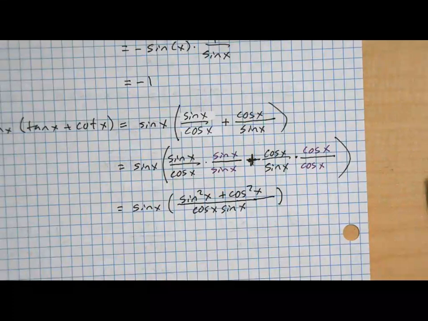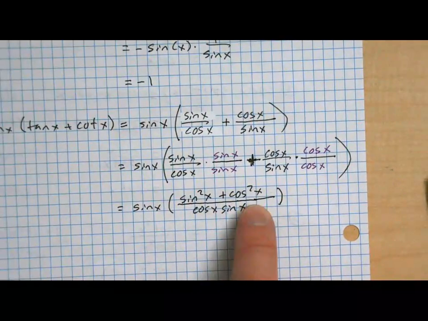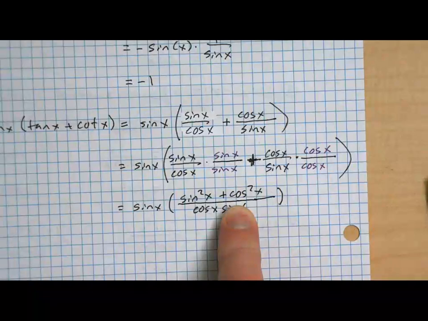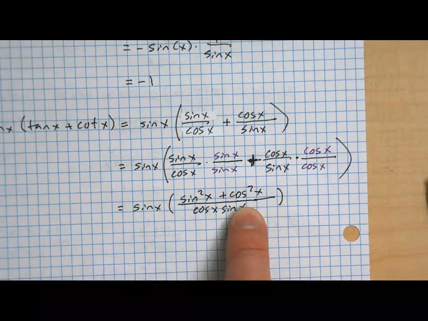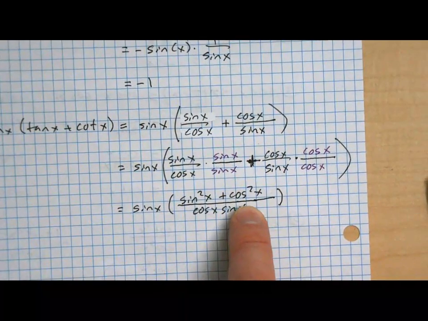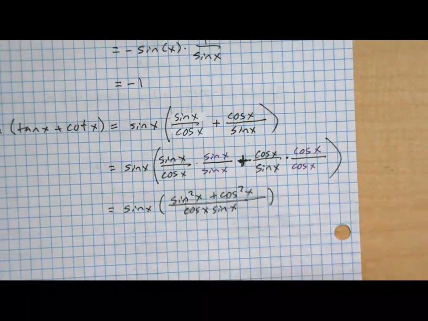Have you found it on your sheet yet? So I'm looking at the top of this fraction. I'm noticing we have squares now. Where do we look for squares in our identity sheet? Pythagorean. Do you see sine squared plus cosine squared in there? Heck yeah. Do you see why I'm so excited? What's it going to turn into? That's just a 1 up top there, right?